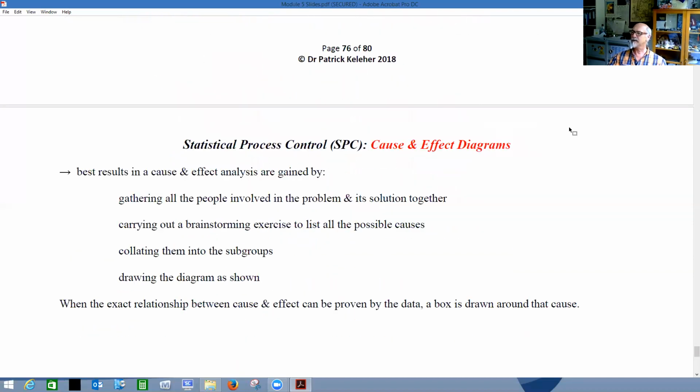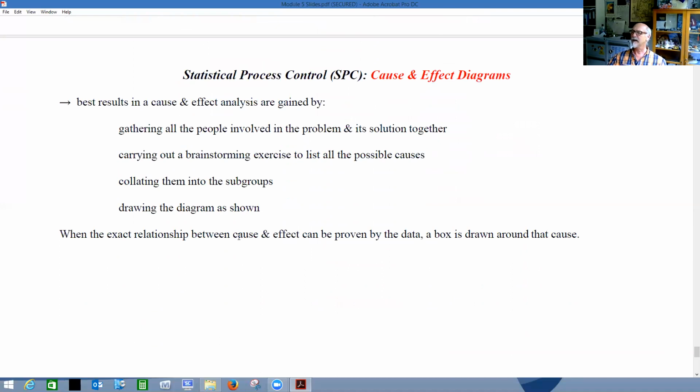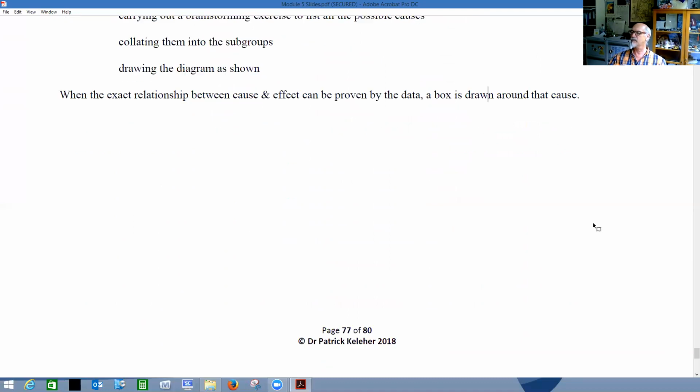Carry out a brainstorming exercise to list all the possible causes, collate them into subgroups, and then draw the diagram, as you can see. And when the exact relationship between the cause and effect can be proven by data, a box is drawn around that cause.